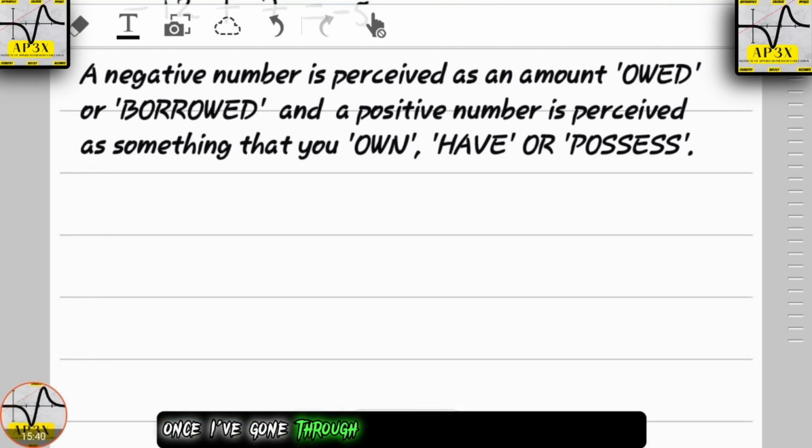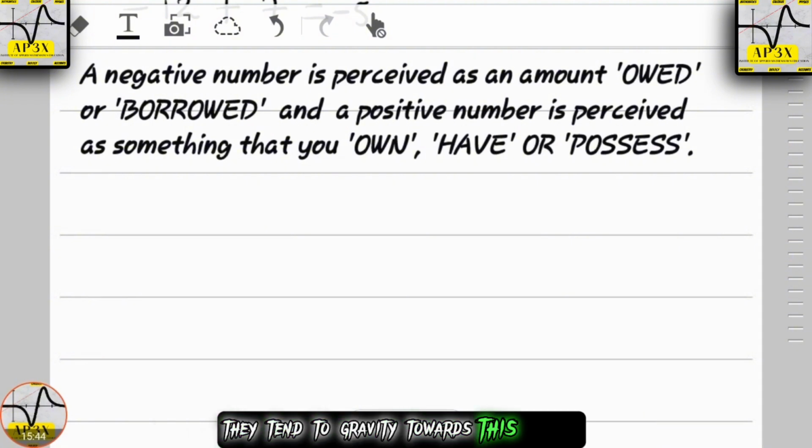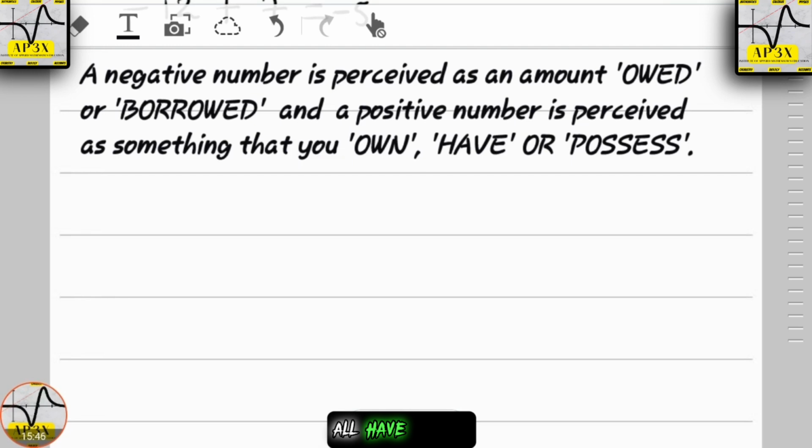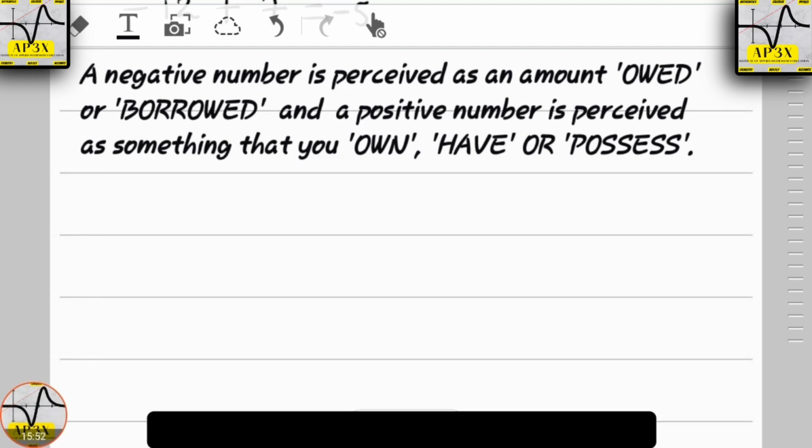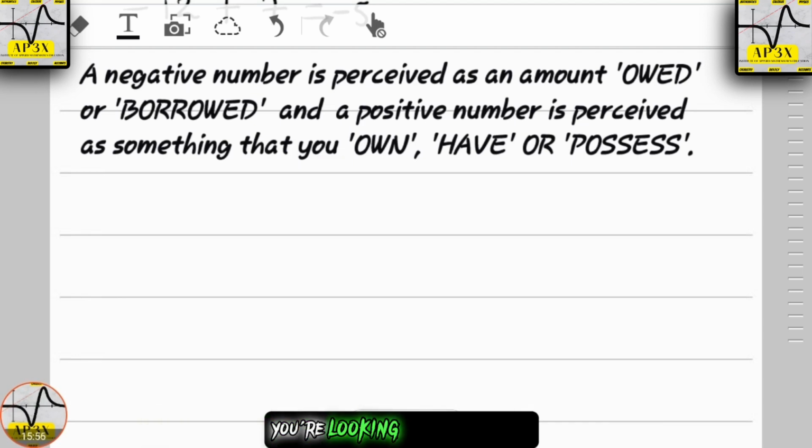Once I've gone through this explanation with them, they tend to gravitate towards this method, and it is called the OHAV method. With the OHAV method, we are taking a more realistic approach towards the problem. We are looking at the numbers as if they were perhaps, say, money.